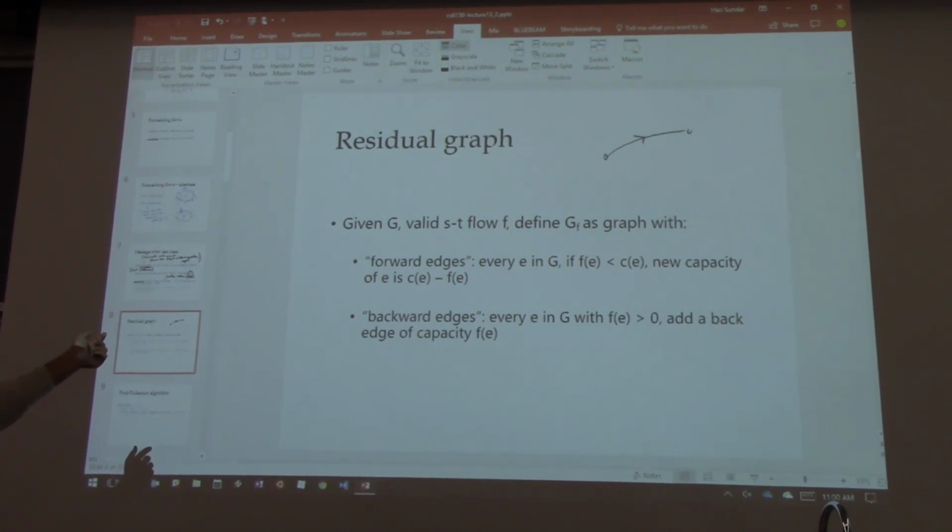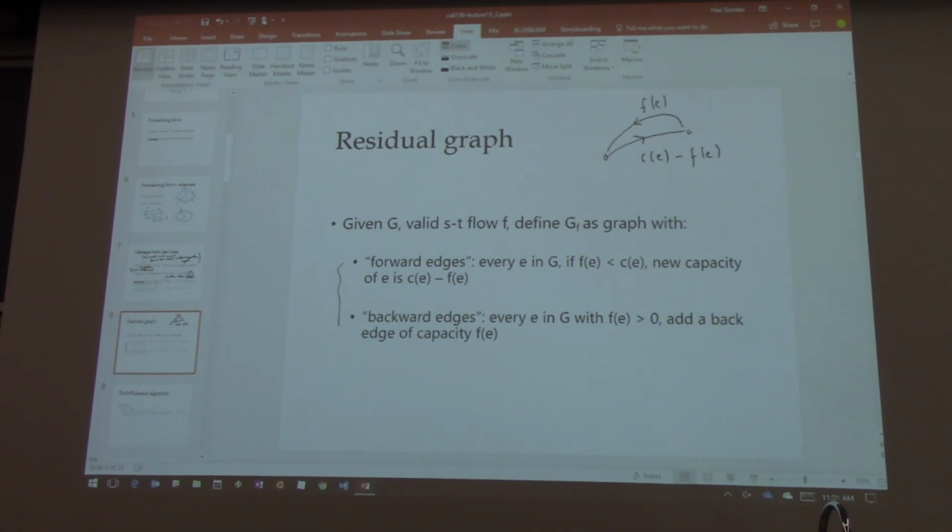If you had an edge E before with capacity C of E, now the capacity becomes C of E minus F of E. And additionally, you have a backward edge of capacity F of E. So for every edge E in the original graph, you have these two edges now. I also mentioned this minor technical thing: if the original graph had edges in both directions, then you add F of E to the opposite side. So this is the residual.